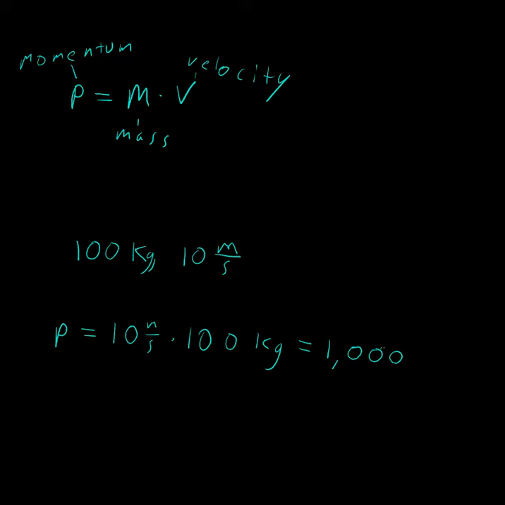Now, the units for momentum are a little bit weird. They're going to be kilogram meters per second. So, kilogram times meters per second. So, the momentum of a football player moving with a velocity of 10 meters per second who has a mass of 100 kilograms will be 1,000 kilogram meters per second.